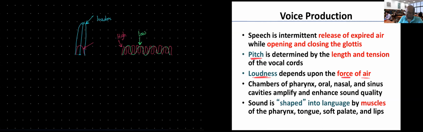So what determines the loudness of the sound is simply the amount of air that you're pushing out of your lungs, but what determines the pitch of the sound is going to be the frequency of vibration of your vocal cords, which is going to be determined according to the degree of tension that you are applying to your vocal cords.